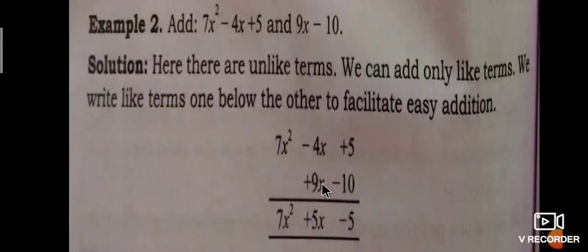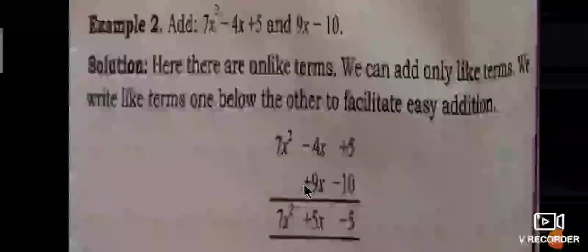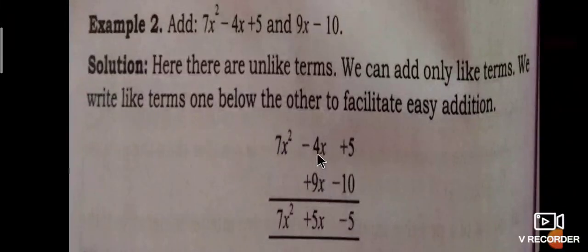Here 9x is the like term of 4x, therefore write 9x below it. Minus 10 is a constant, below the plus 5 constant. Add these two. 7x square is the same, plus 9x minus 4x remaining is plus 5x. In plus 5 and minus 10, remaining is minus 5.